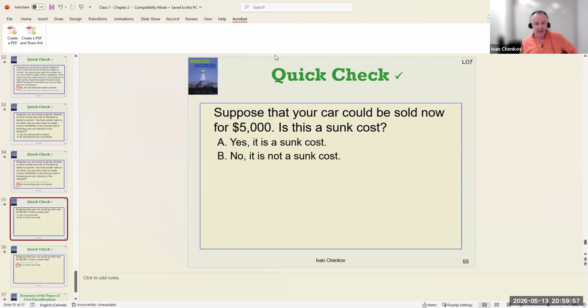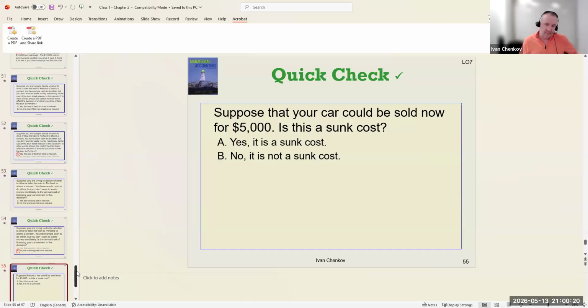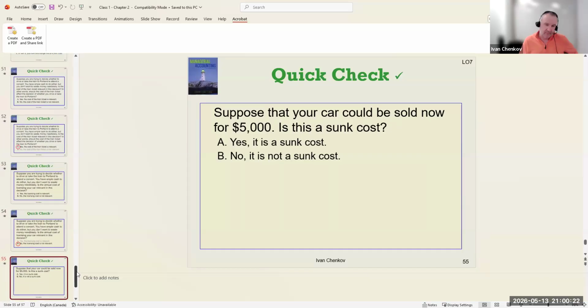Let's go with another one. Now, suppose that your car can be sold for $5,000. It's a tricky question. Now pretend that you can sell your car for $5,000. Is this a sunk cost? The first thing that we have to ask ourselves is, is this a cost at all?